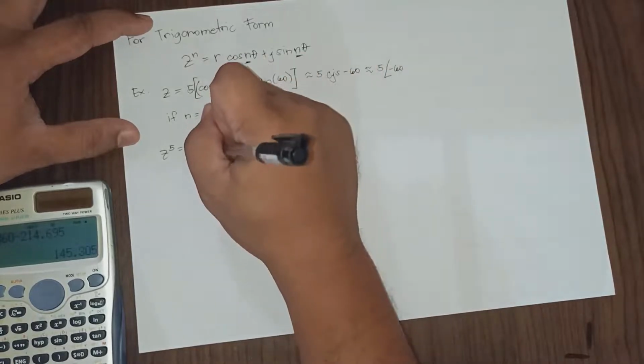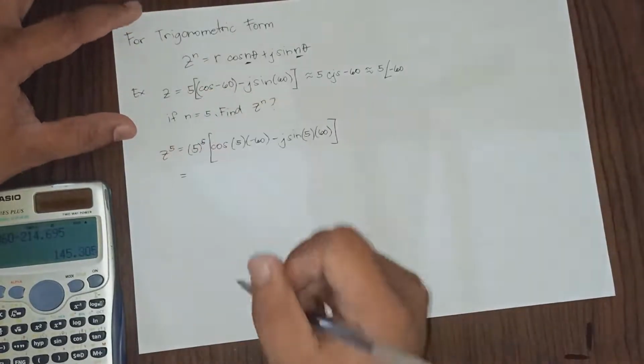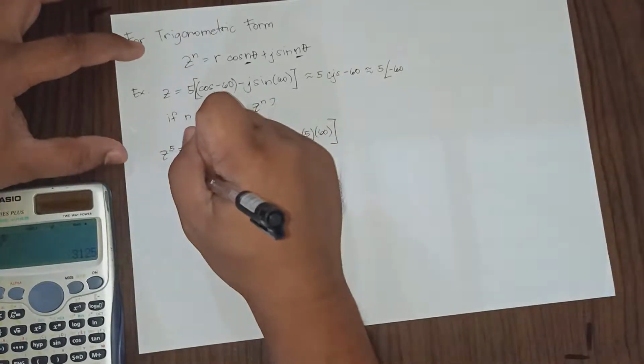Yan. So, let's close that. So, that is 5 raised to 5 is 3125.